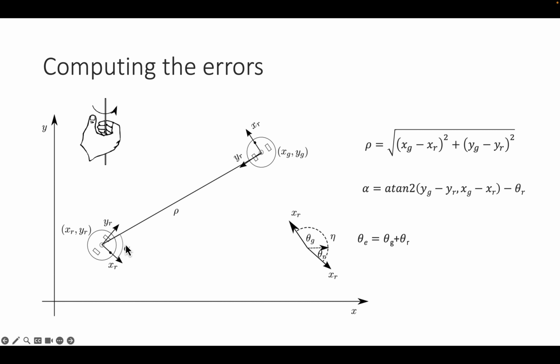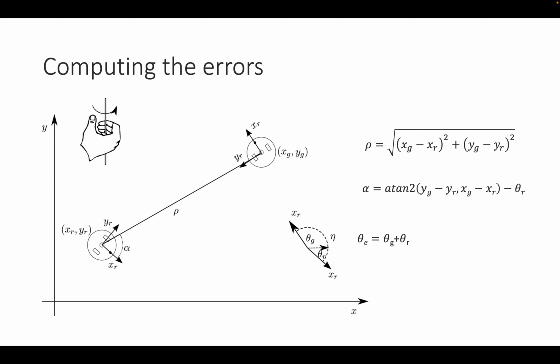Because the x-axis is here, and clockwise is the negative direction of rotation based on the right-hand rule. So in order to get this total angle here, I have to add what I get from the arcus tangens, and then I have to subtract the negative value, that is, adding this value theta r to the result, and that gets me alpha.